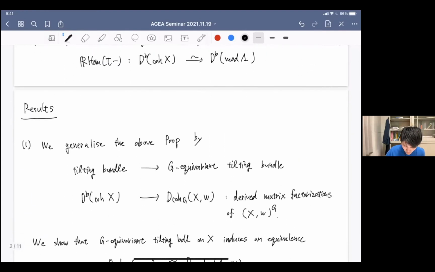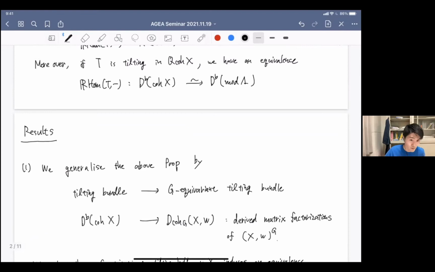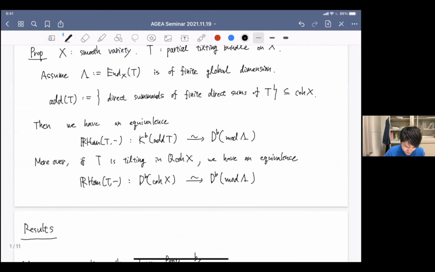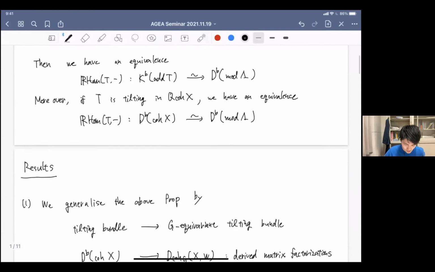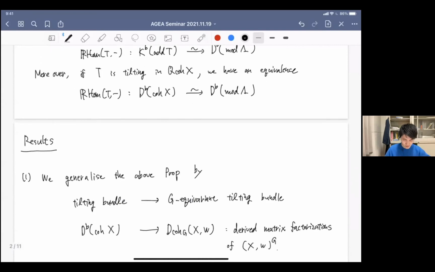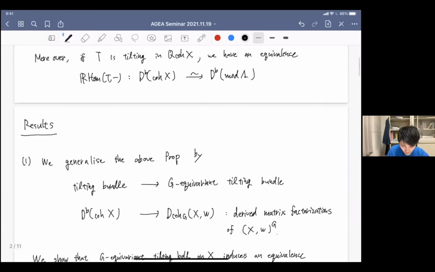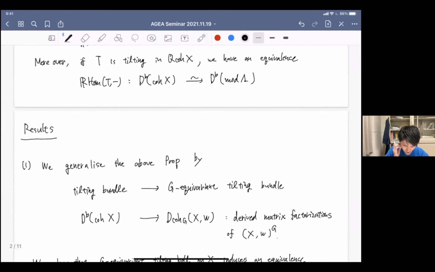So the first result of this talk is to generalize this classical result to matrix factorizations. More precisely, we generalize the above proposition by generalizing tilting bundle to G-equivariant tilting bundle.